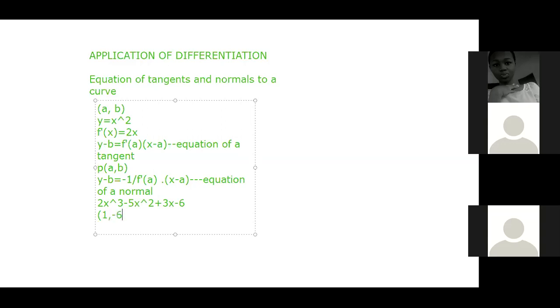So these are our coordinates, 1, minus 6. And so we have to find the equation of the tangent given these parameters.